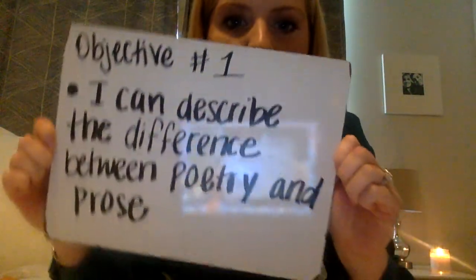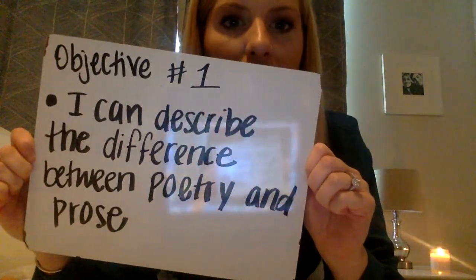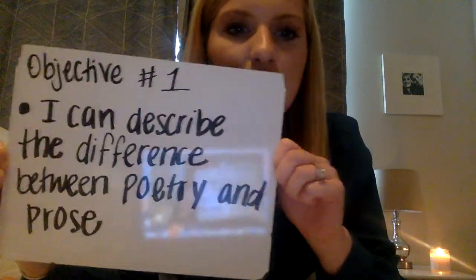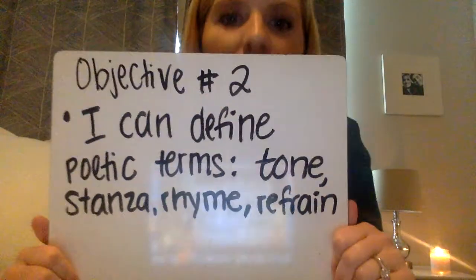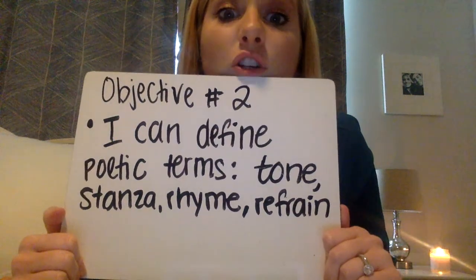And I'd like you to read them. It might be a little awkward at home to read them as I show you them, but go ahead and do that. Objective number 1. I can describe the difference between poetry and prose. And objective 2, I can define poetic terms.